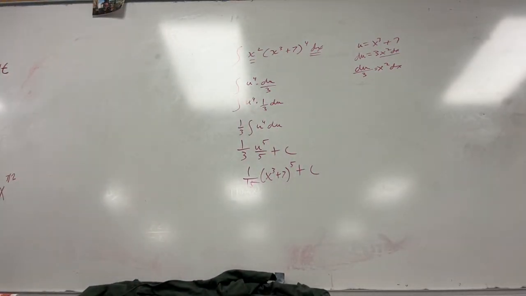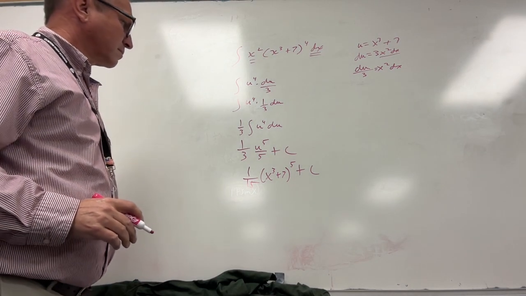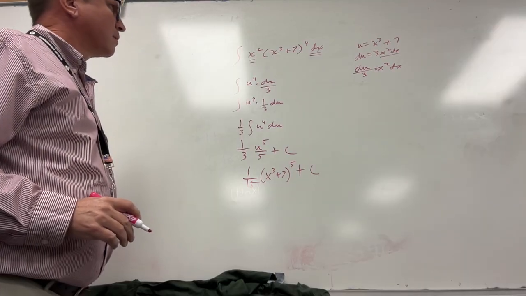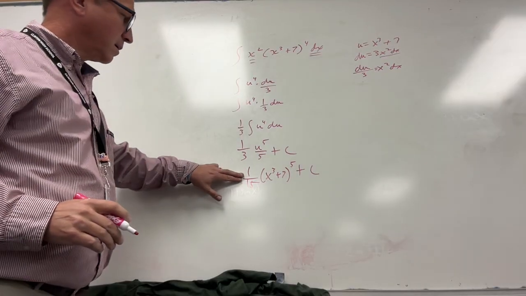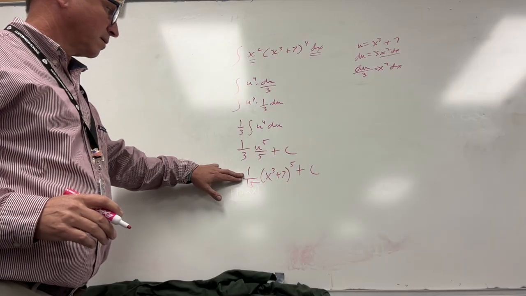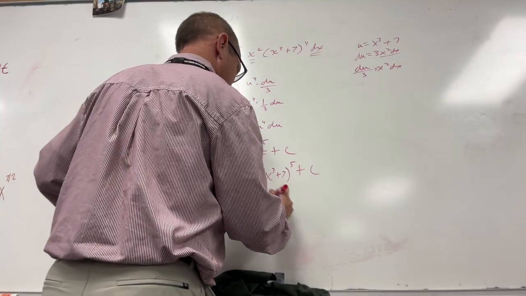Could you write it as x cubed plus 7 to the 5th over 15? Instead of having 1/15th times, could you just put it over?